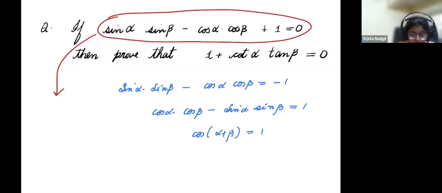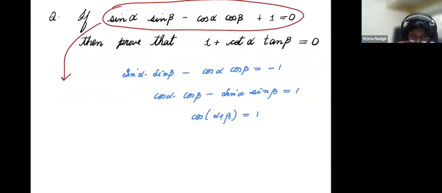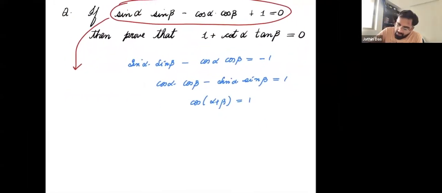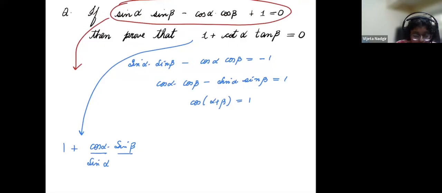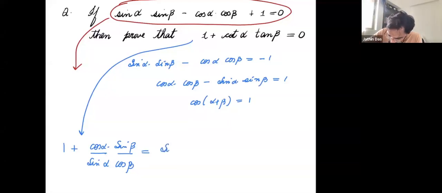Okay, good. So if cos alpha plus beta is 1, anyways, first to expand this, 1 plus cos alpha sin beta divided by sin alpha cos beta. When you take the LCM, can you see like this?